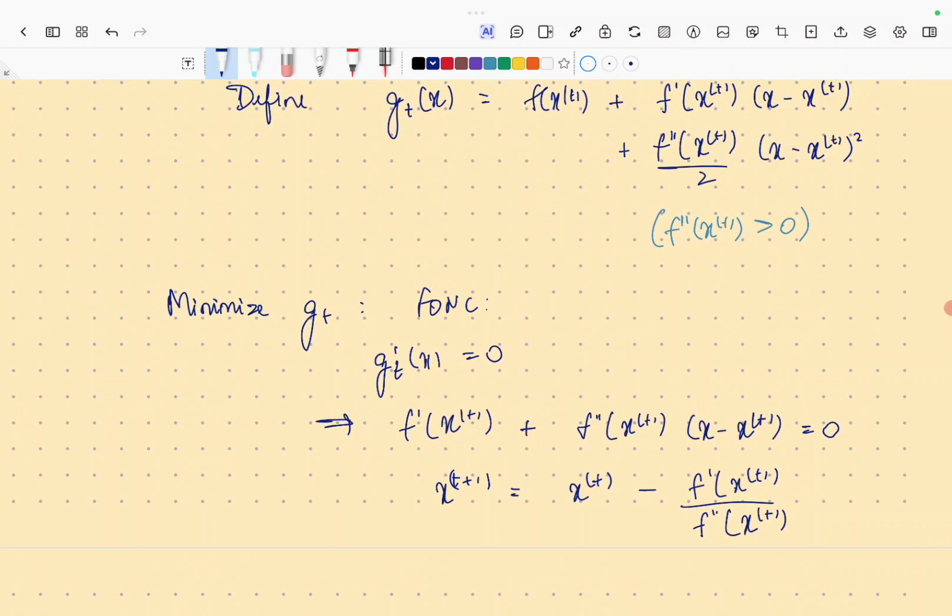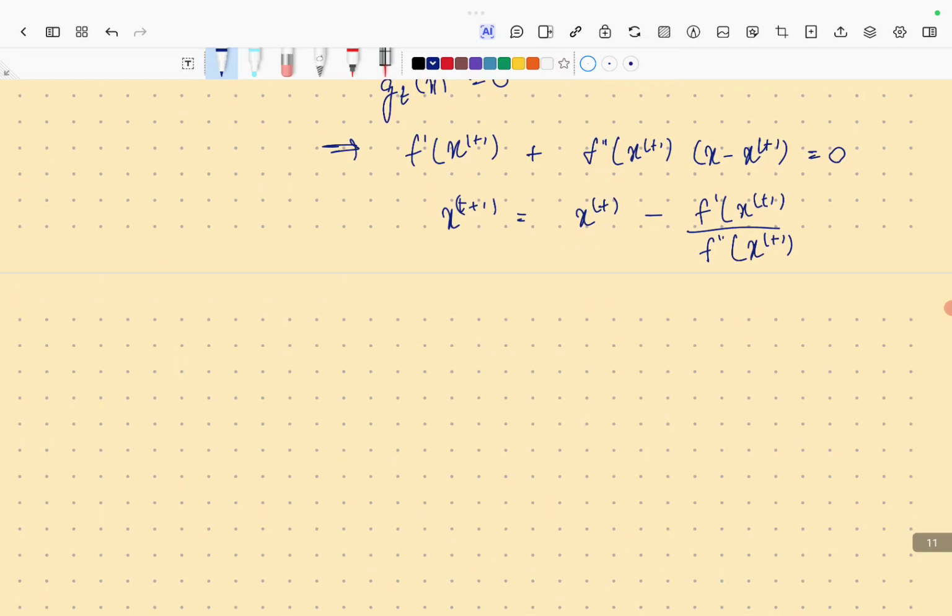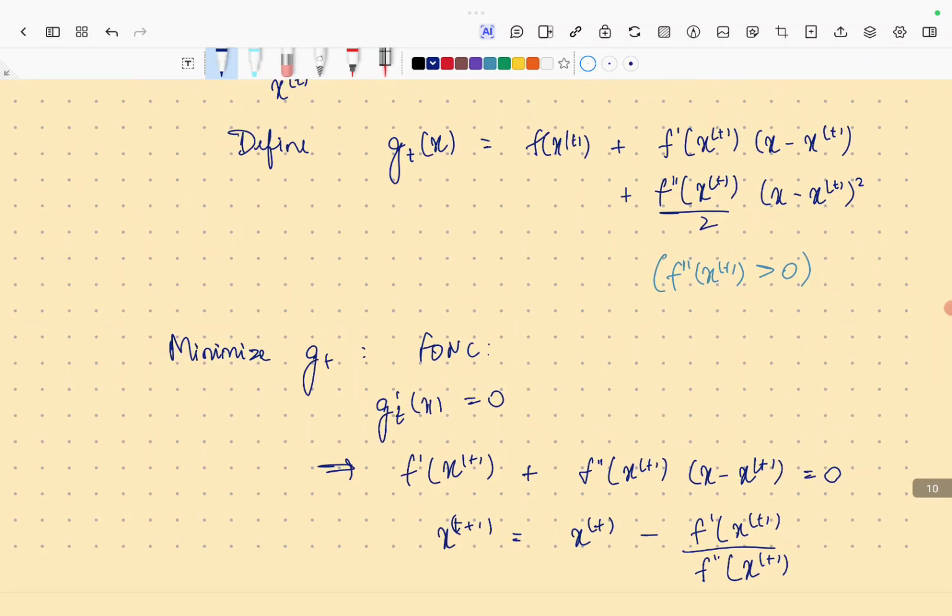Can you also look at this as every time you are approximating it as a quadratic and finding the minimum of that particular quadratic? Correct. Exactly. That's exactly what you're doing. The Taylor series has 3 terms.